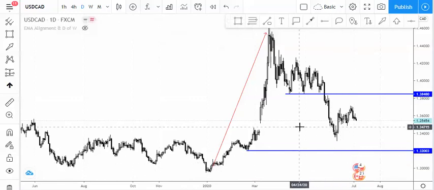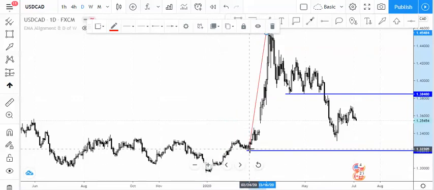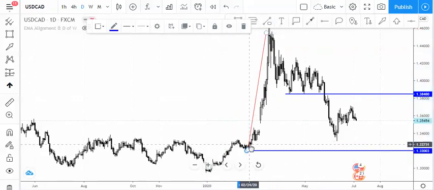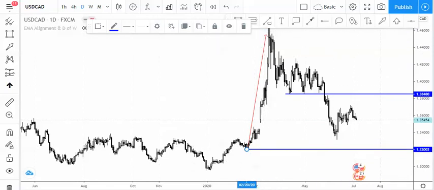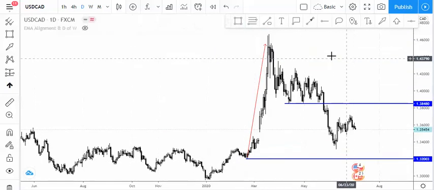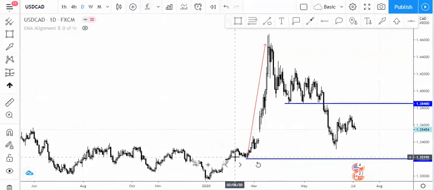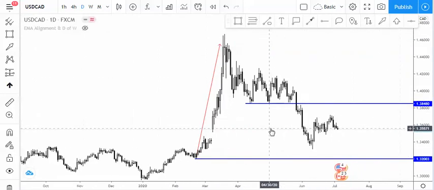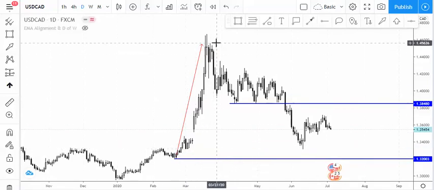I'm choosing that because this is the beginning of this one time framing up from 132 to about 145. From 132 to 145, price action essentially one time framed up.